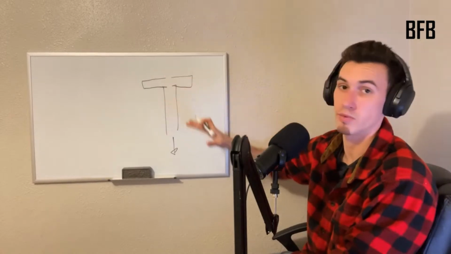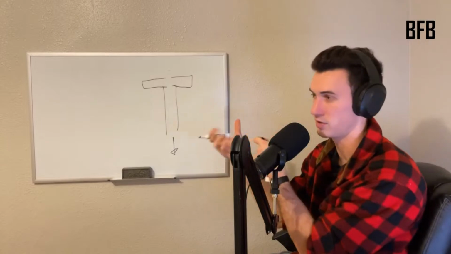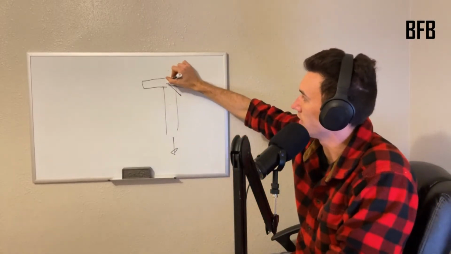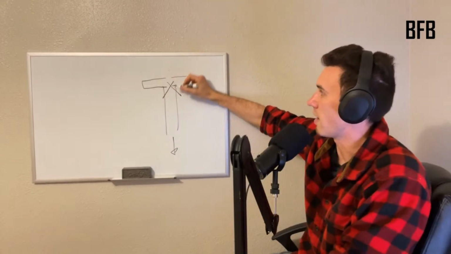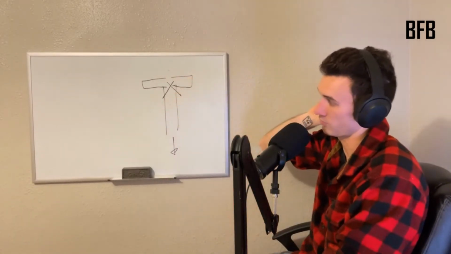In that case, all you're relying on is the threads of the screw and the density of the wood to hold on. That's all you're relying on. If you were to go underneath this and nail and toenail, now you're relying on the shear strength of the nails in different directions, and that's going to resist pull out much better.